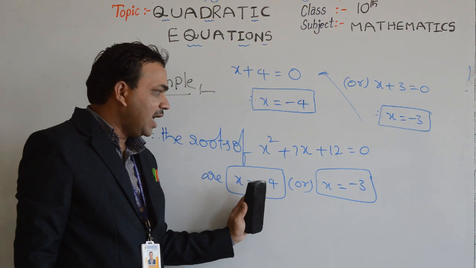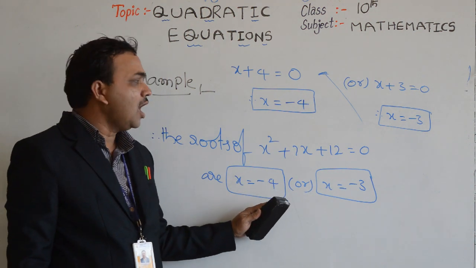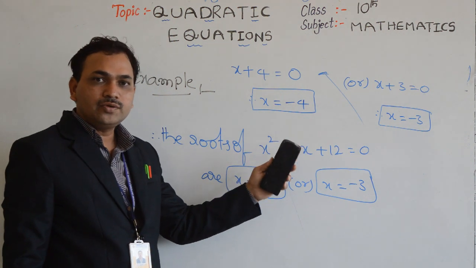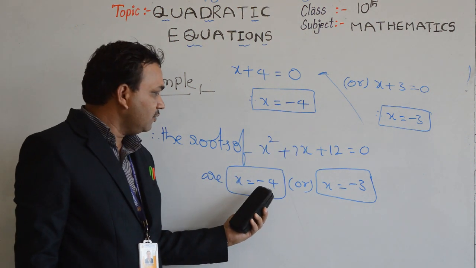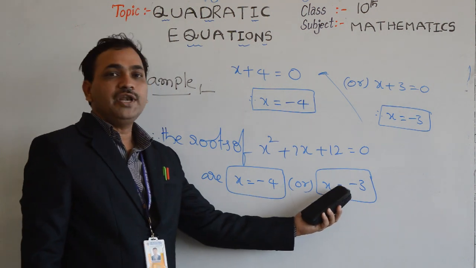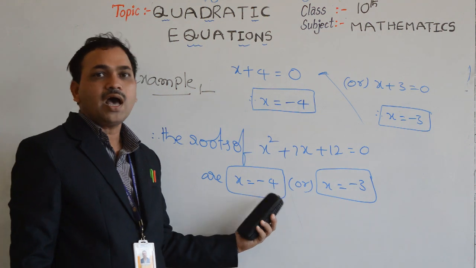So substituting these two values in the above quadratic equation, we can conclude that the roots are correct. How can you say? We can use this for verification or checking the roots.